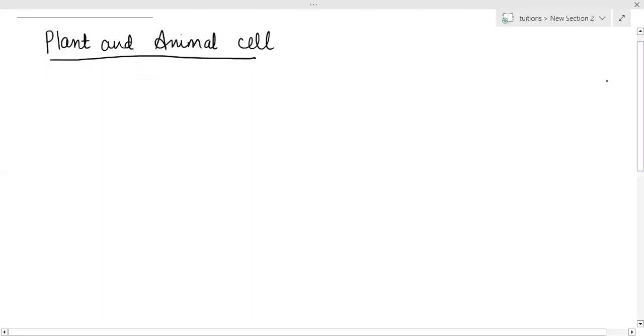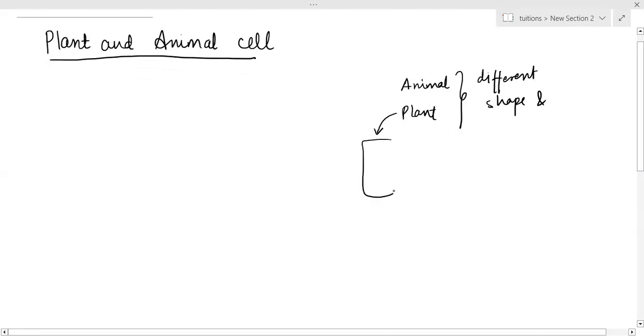So, though there could be many different shapes and sizes, the animal as well as the plant cell can exist in different shapes and sizes, and there are a lot many. But majorly we are going to talk about one of the cells from plant cells, that is the palisade cell, which looks like this.